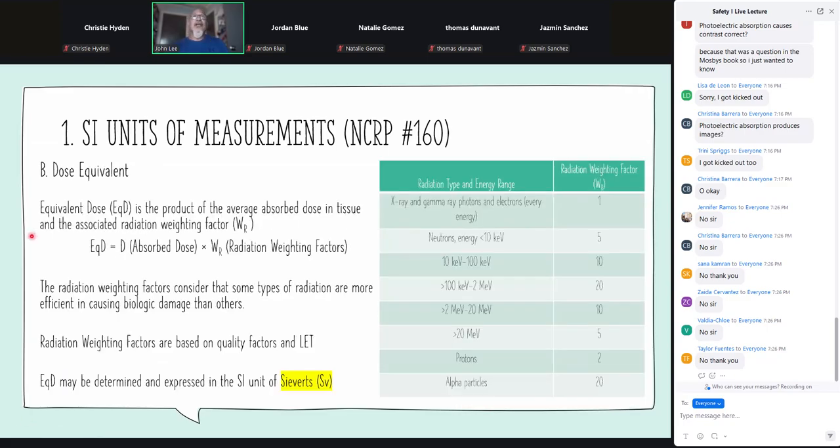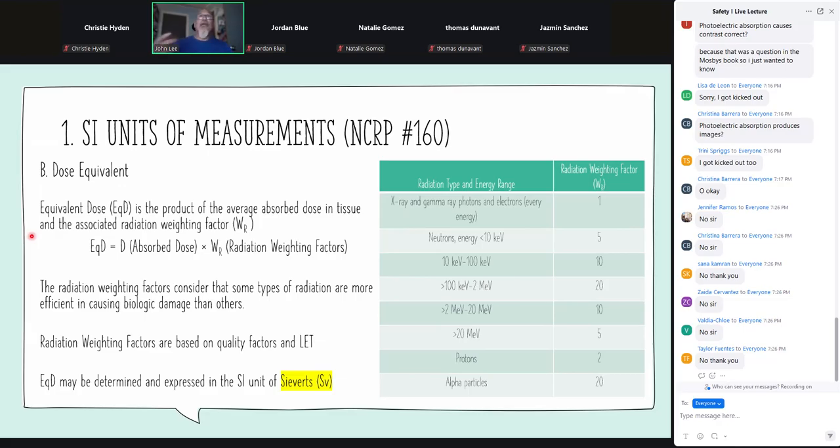The next unit is the dose equivalence. This is utilized so that we can compare absorbed doses between patients and types of radiation, because the dose equivalent factors in the fact that all radiation does not have the same energy transfer and biologic effect.